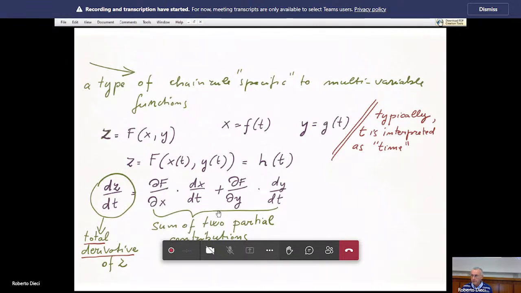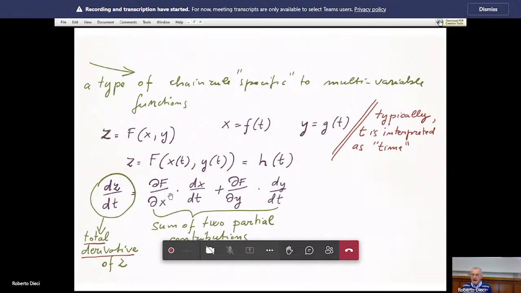This is the chain rule in this case. It is a chain rule because it is a composite function. Compute the partial derivative of f with respect to x and multiply this by the derivative of x with respect to t. So partial derivative of f times time derivative of the variable plus other partial derivative of f times the time derivative of the other variable. This is the structure. And this is called sometimes, especially in economics textbooks, total derivative of z.